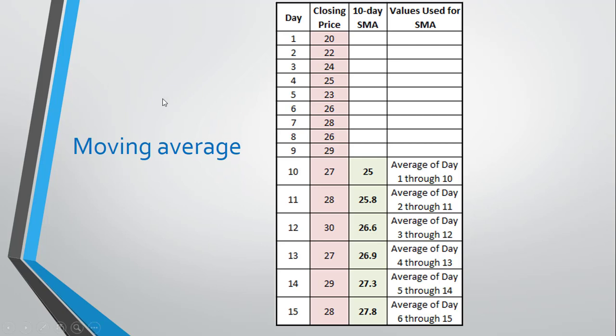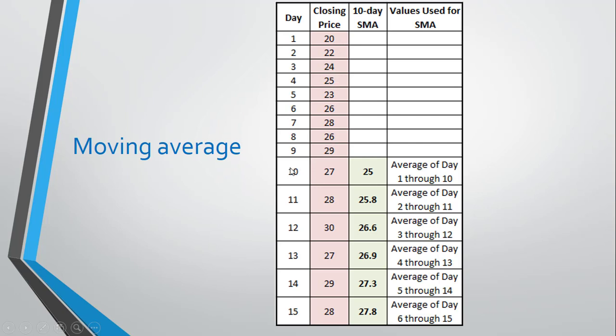This is an example of a simple moving average. You can see here the closing prices of a certain stock from day 1, day 2, all the way to day 9. And this column is for the 10-day simple moving average. If we want to take a moving average over a 10-day period, we skip days 1 to 9.